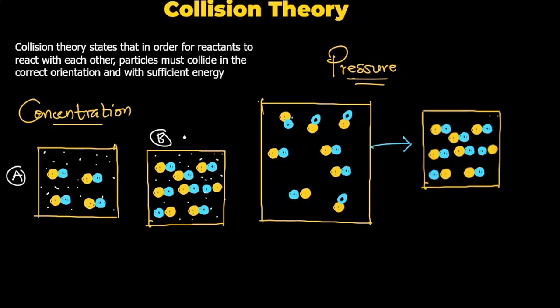So there's going to be frequent collision in B compared to A. Now, if we say how many collisions we have per second, then we are talking about frequency of collision. So let me write that. We have what is known as frequency of collision.